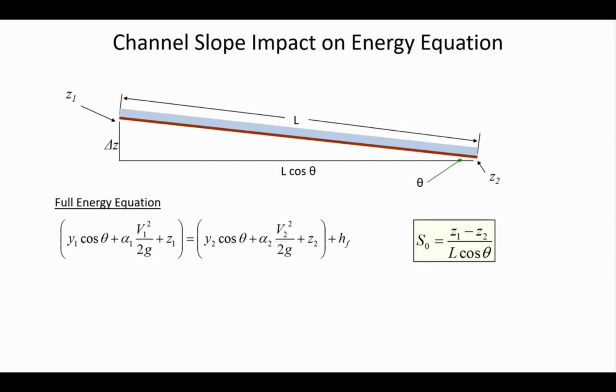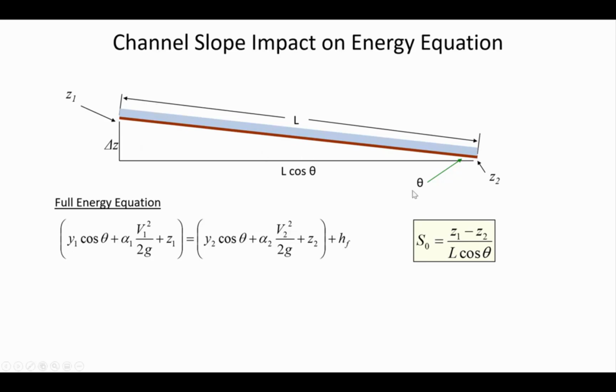Let's talk about channel slope. In channel slope, the physical length of a channel segment L is different from the top view length or the plan length. If we have a given angle, because this is inclined, the water is flowing downhill, and between 2 points there's an elevation difference delta z. So we could do a little bit of trigonometry here and calculate the delta z based on the angle.